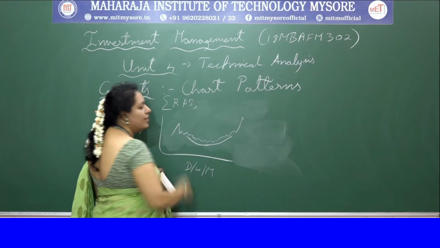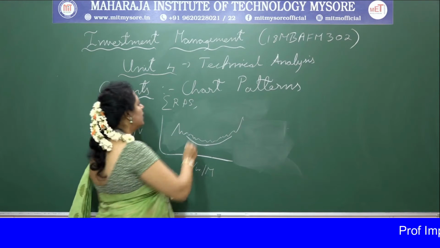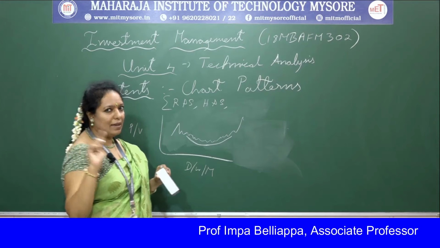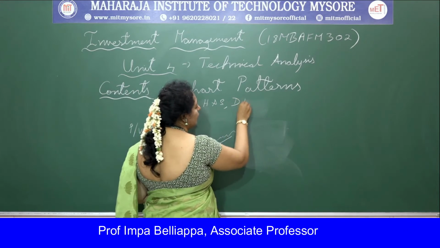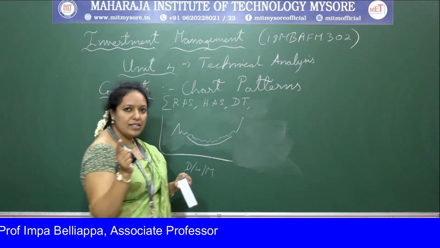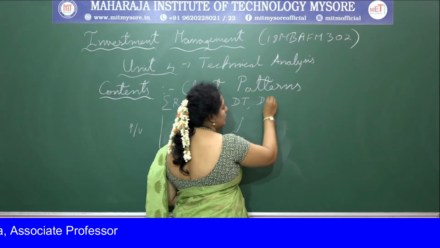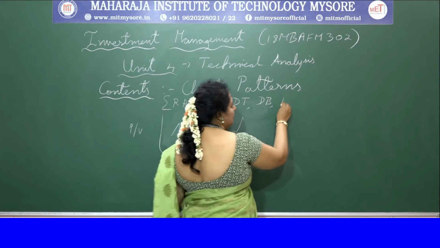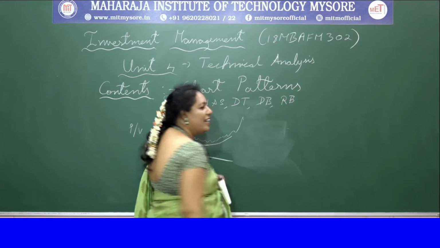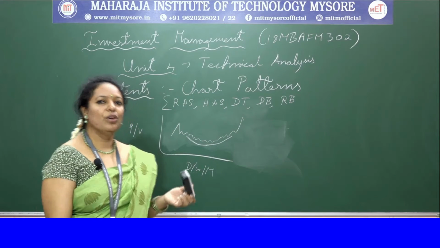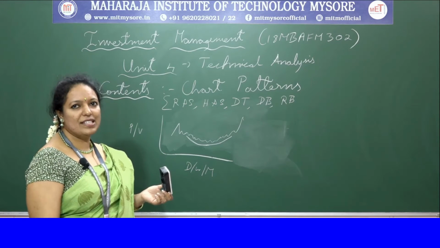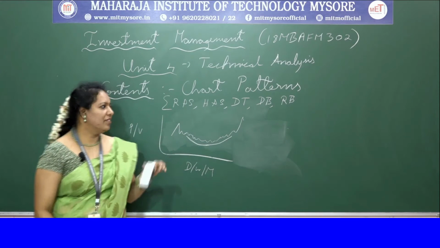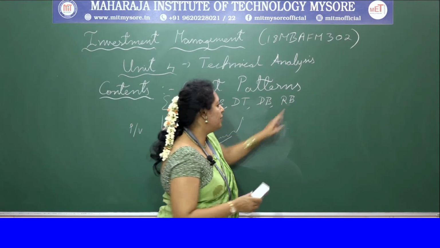Then we discussed the head and shoulders, then the double top, then the double bottom, and then the rounding bottom. I'm writing here so that at the end it will be very easy for us to consolidate what we have discussed in today's class.